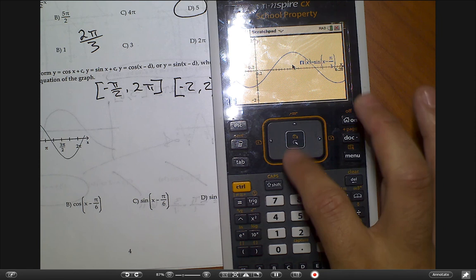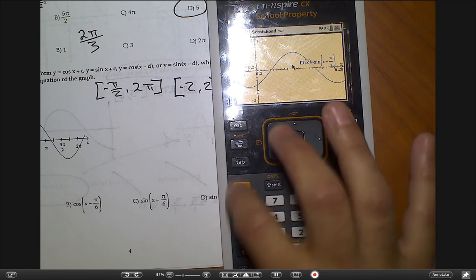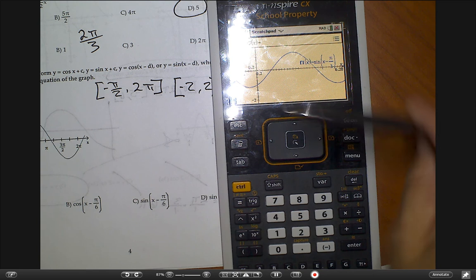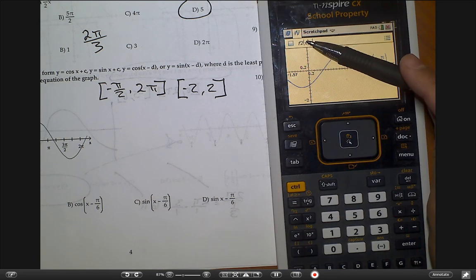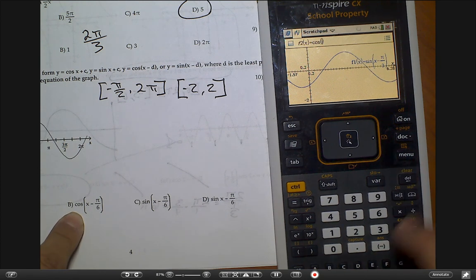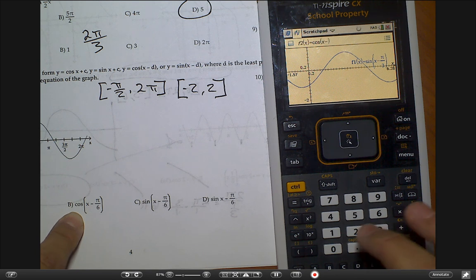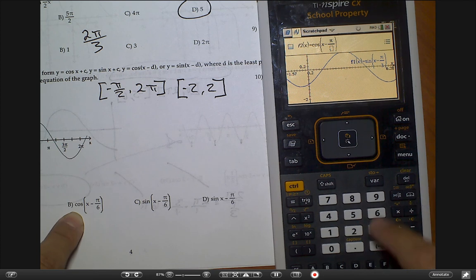So now I'm going to show you guys how to graph multiple functions here. So hit tab. If you notice up here it says it has F2, right? This one is F2, so it's going to graph a second function on top. So I'm going to do this one, so it's cosine x minus pi over 6.